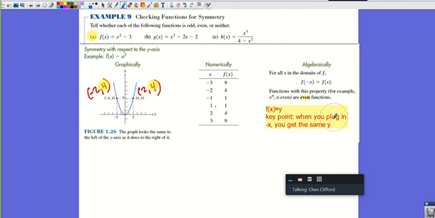When you plug in a negative x, you get the same y. By the way, f of x is the same thing as y.